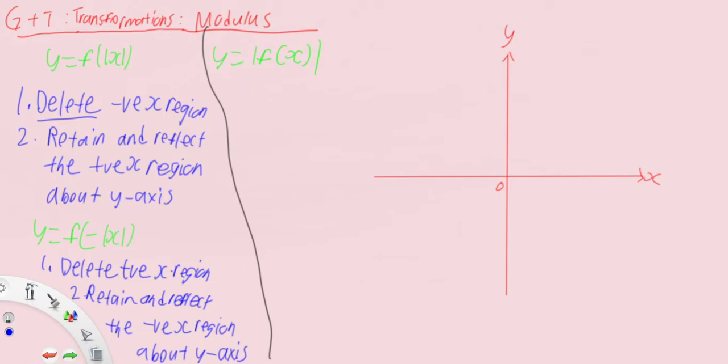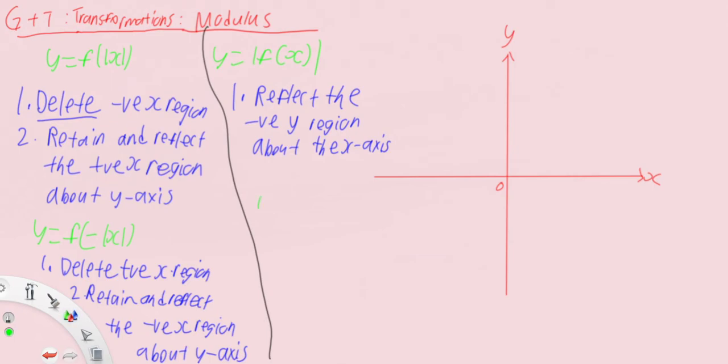It is just a one-step transformation. You will just reflect the negative y region, or the points below the x-axis, about the x-axis. Alright, and there you go. That will be y equals |f(x)|.